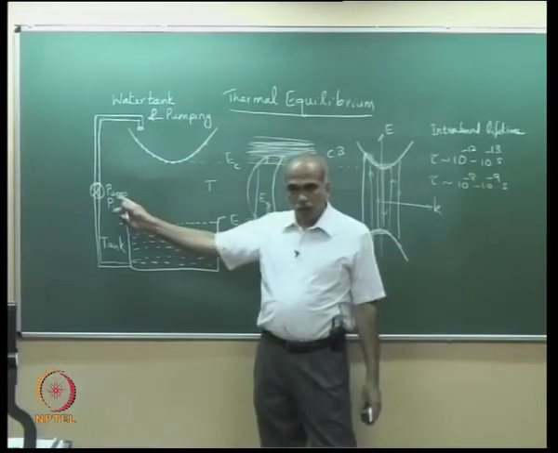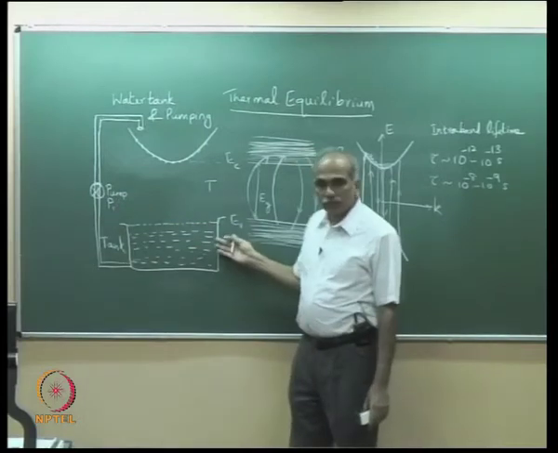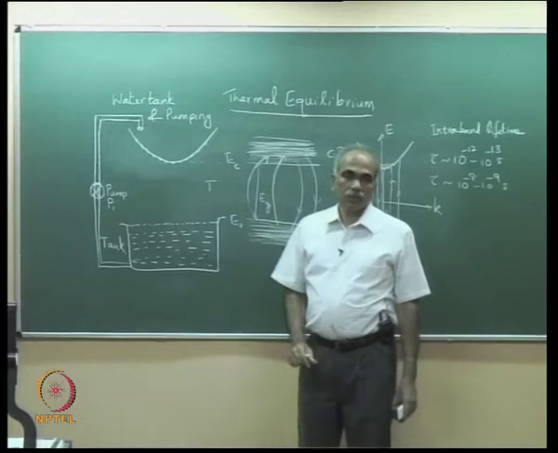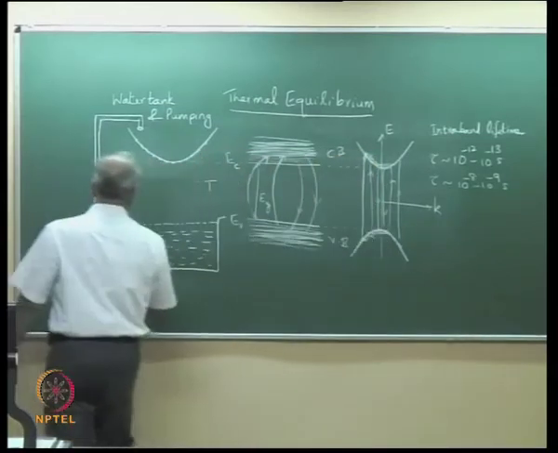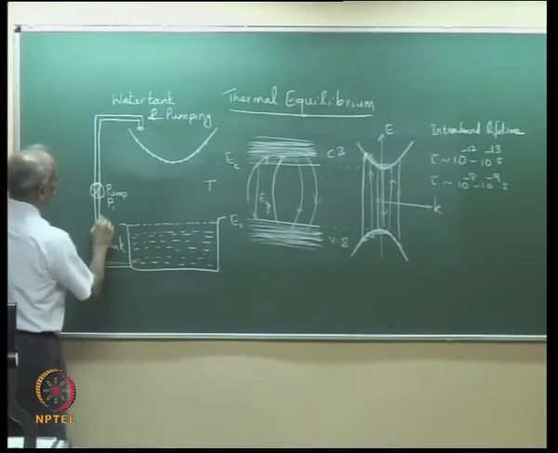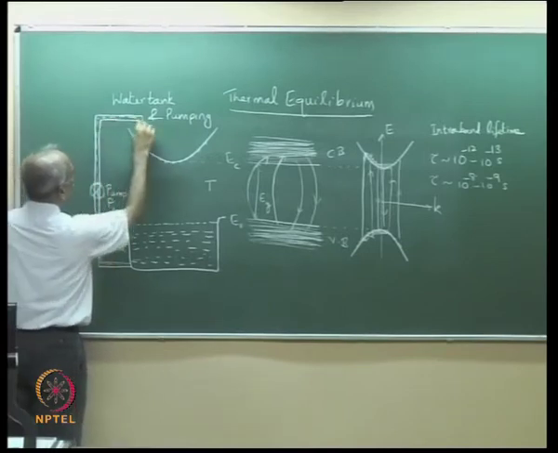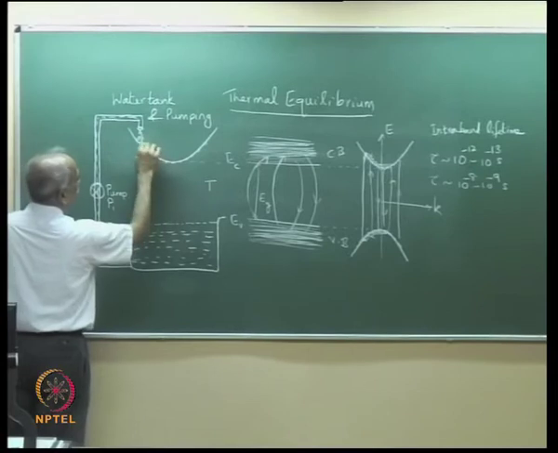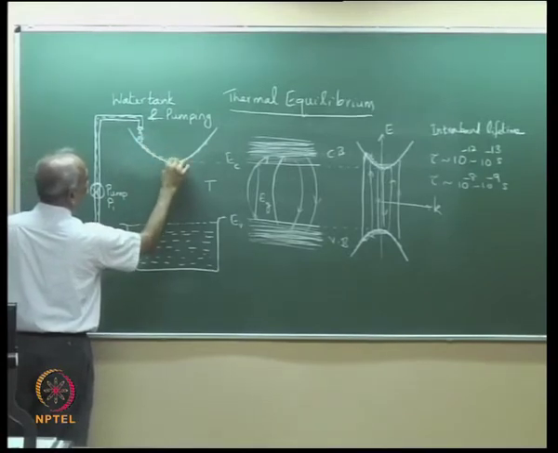When the pump is off, this tank is full, this tank is empty. I switch on the pump, so the pump is pumping water here, and water is flowing down to the bottom of the tank.